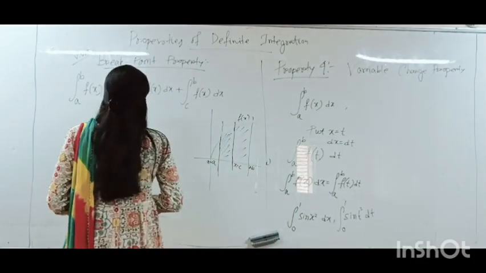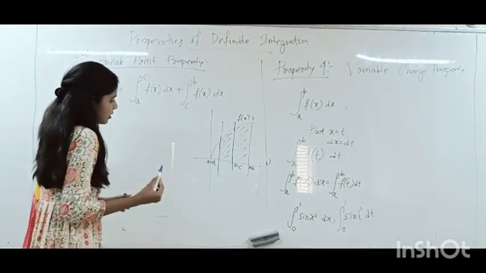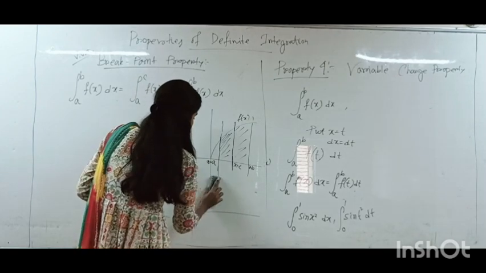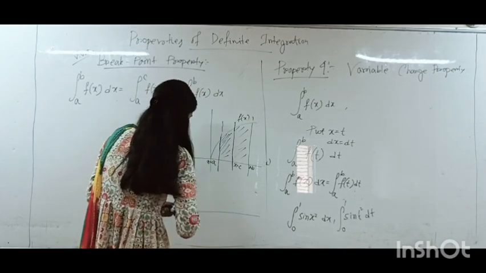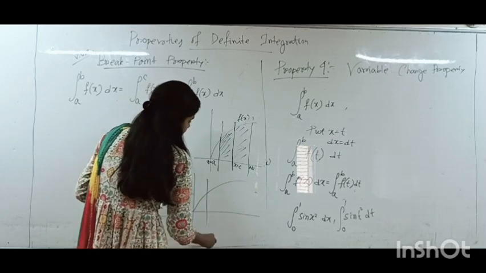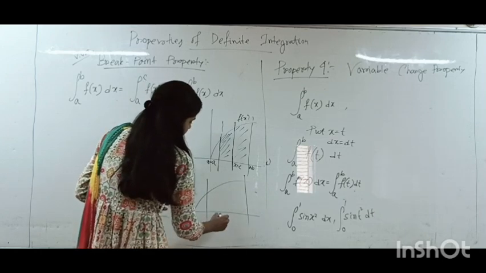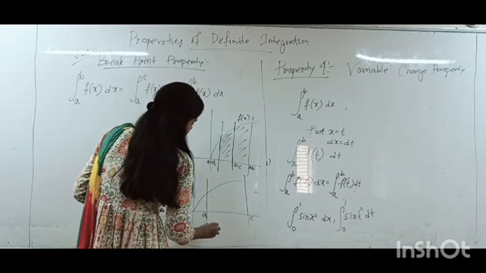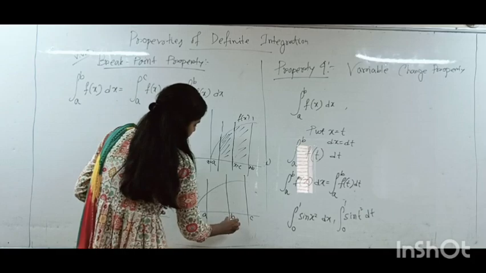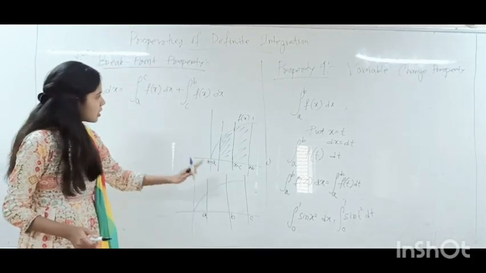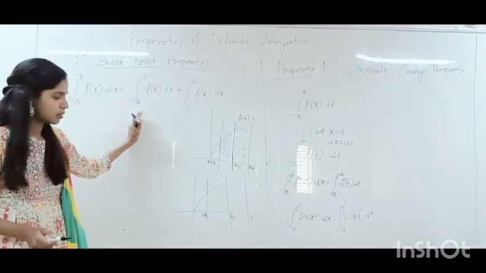No, it is not. c can be like this, c also can be outside. Here it is x equal to c, x equal to a, and x equal to b. This property is also true for that.